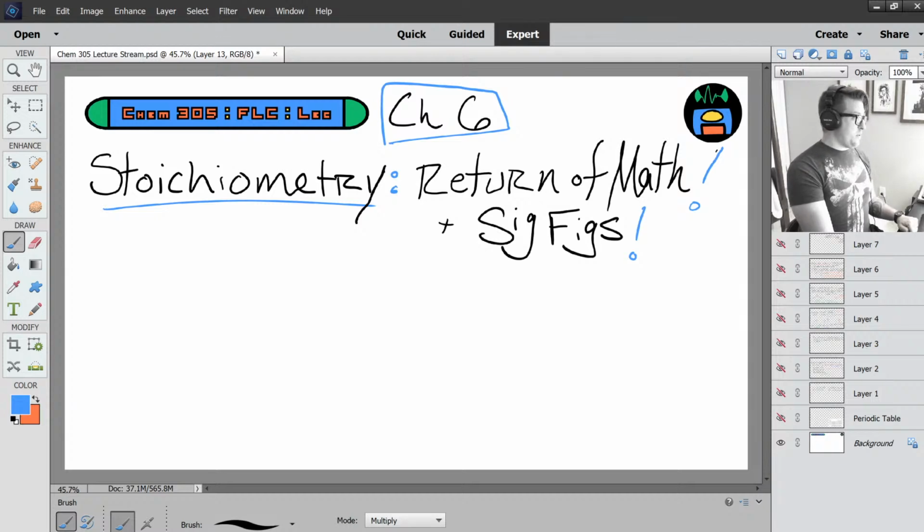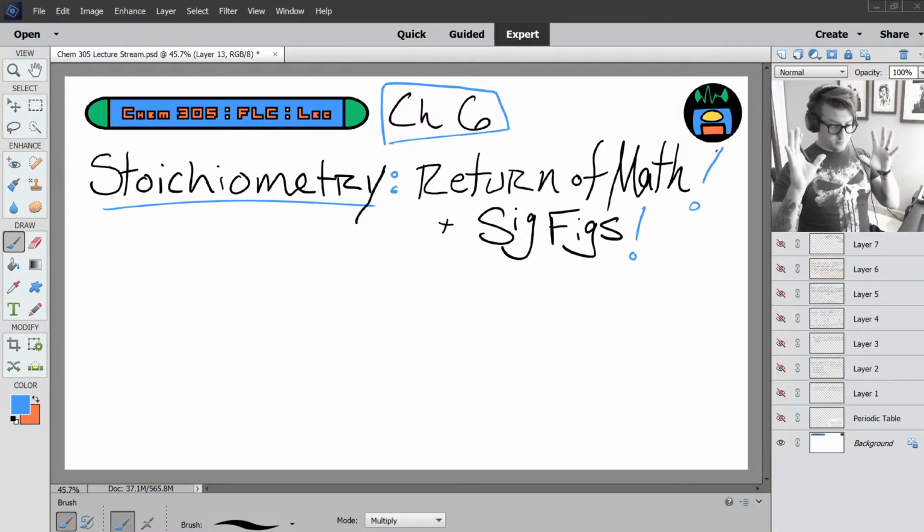All right. Now, I'm not saying this to be scary, but I am saying it because if sig figs and algebra are things that you struggle with, you've got to take the bull by the horns here. You've got to confront the situation head on, because it's going to be nothing but math and sig figs for a while now. All right.